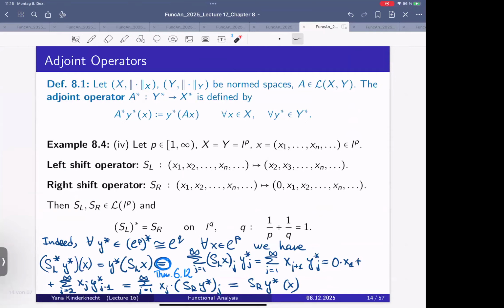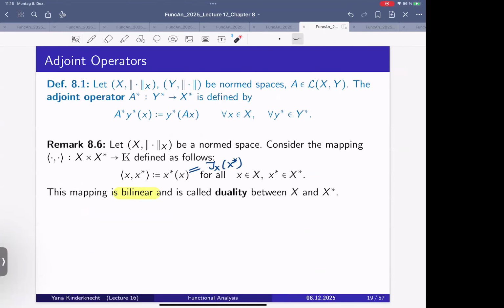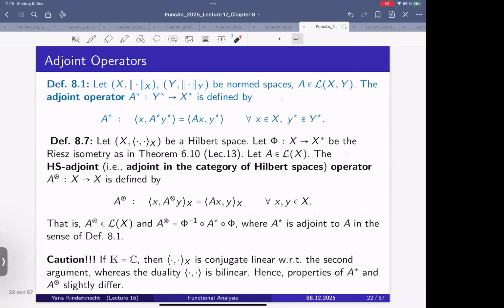Okay, so we should just keep in mind that there is a small difference between the adjoint in the category of Hilbert spaces and just the general adjoint. And this small tiny difference is first of all the spaces where these operators live, but also the linearity, conjugate linearity in some spaces.